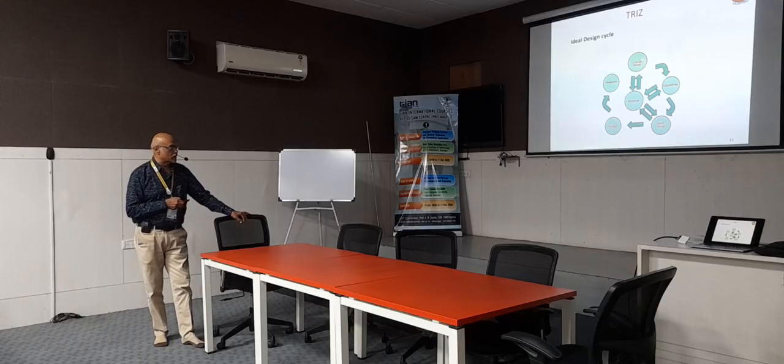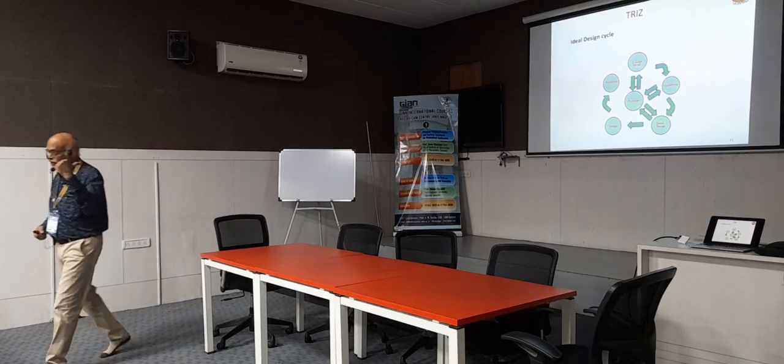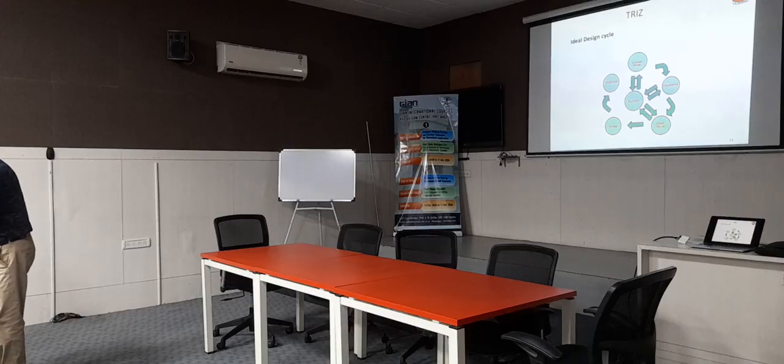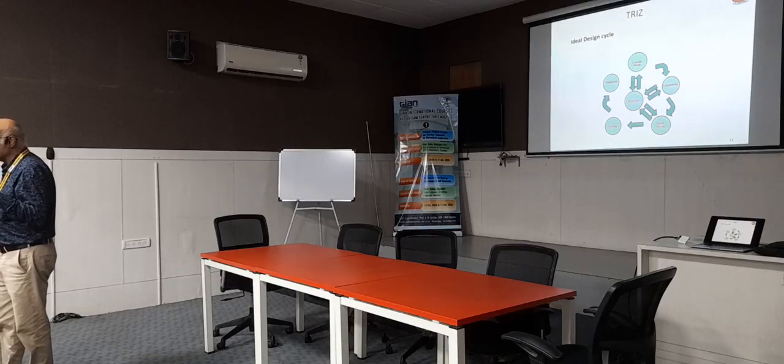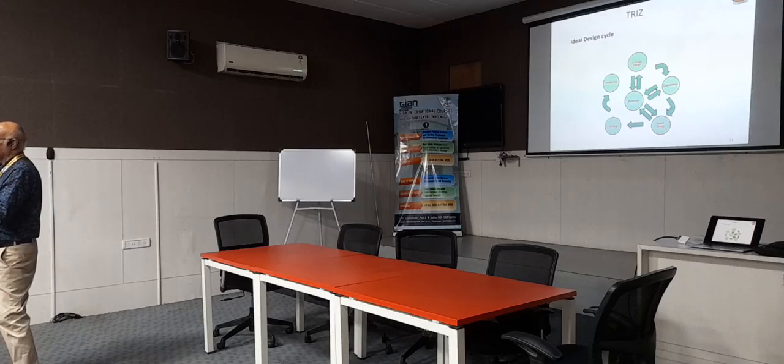That means the concept has been framed, a physical model is ready. If the customer is not happy with that, again you change the concept. Again a physical model is very easy for me to show on the screen, but very difficult to execute. Why? Because as soon as the concept comes in my mind, immediately its physical model should also be available. So that physical model itself is a big issue.